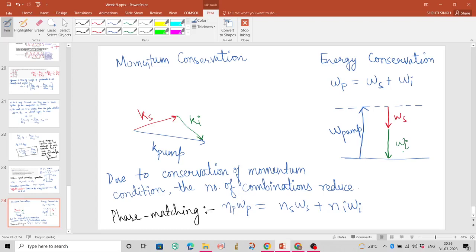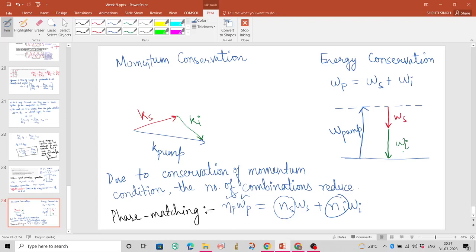If we fix ns and ni, then there is only one pair of omega s and omega I which will satisfy this condition, right? This is fixed, this is fixed. If ns and ni can be controlled, then omega s and omega I will have to be only one particular pair which will satisfy this equation.